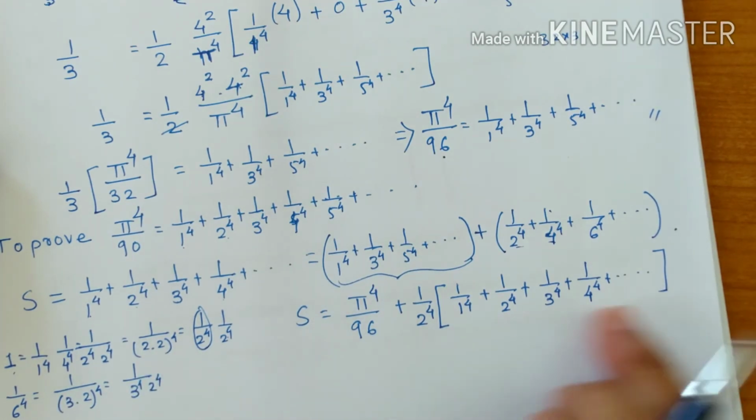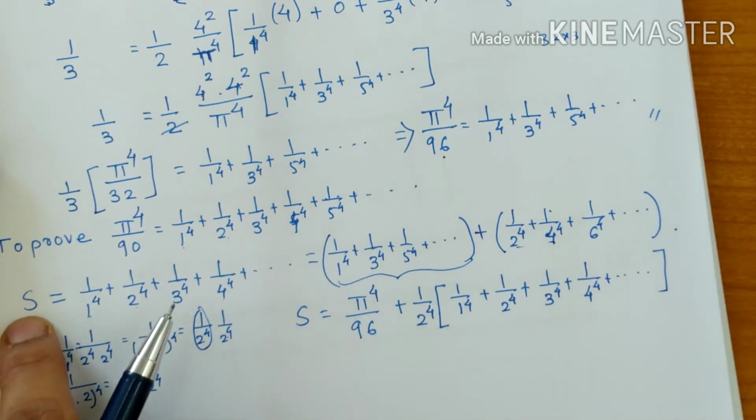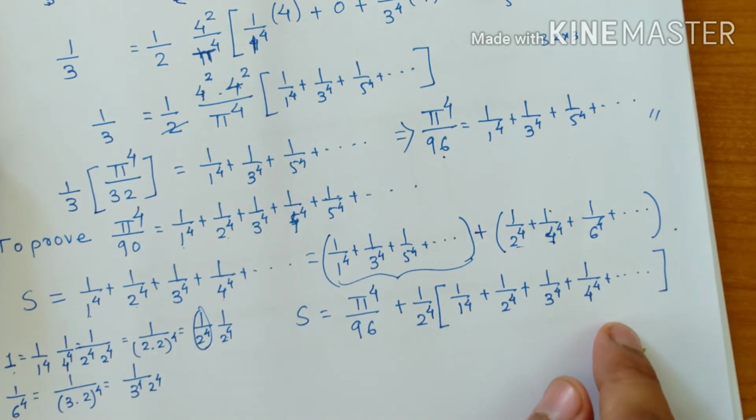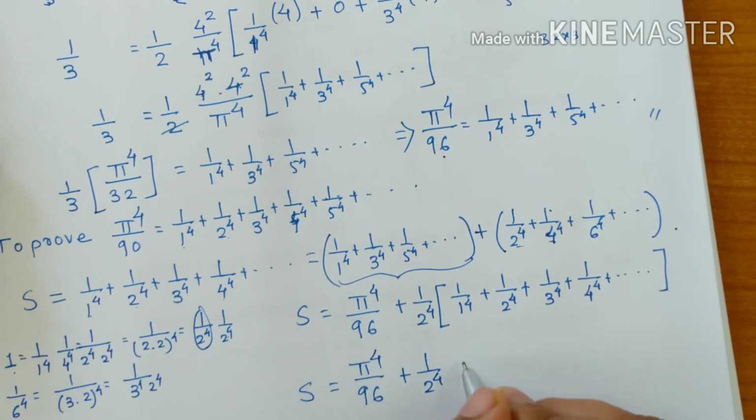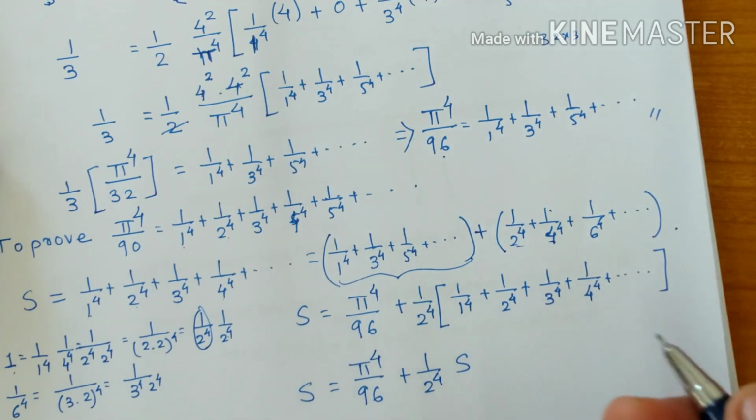Which this is nothing but your S. See, your S is this. Okay. Yes, exactly. I hope you get an idea what exactly going here. So S is equal to pi raised to 4 by 96 plus 1 upon 2 raised to 4 into S. I am taking this S to the left side. Yeah, but 2 raised to 4 is 16.